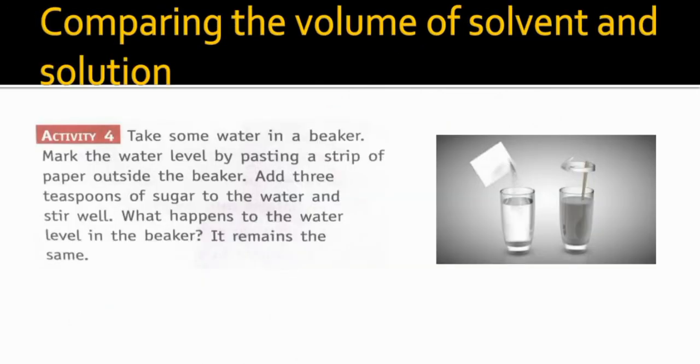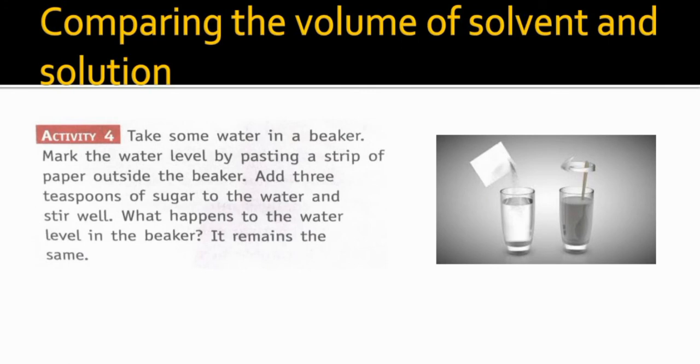Now we will compare the volumes of the solvent and solution. For this, again you have to perform the activity. In this activity, it has been told that you have to mix some teaspoons of sugar, and before mixing sugar, you have to paste a strip to mark the level of the water, or you can mark the level of the water with a sketch pen on the glass.